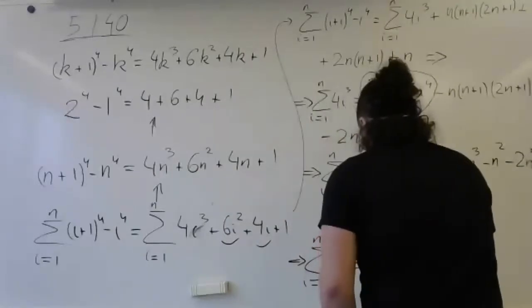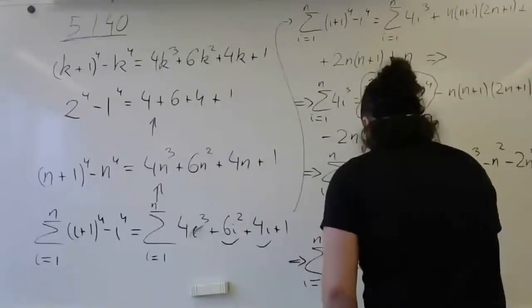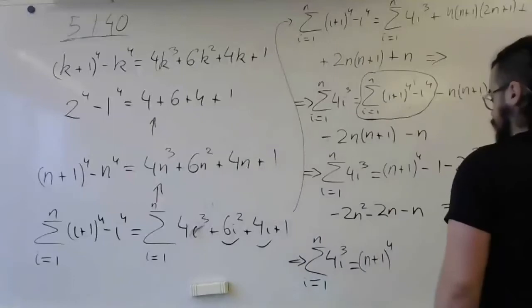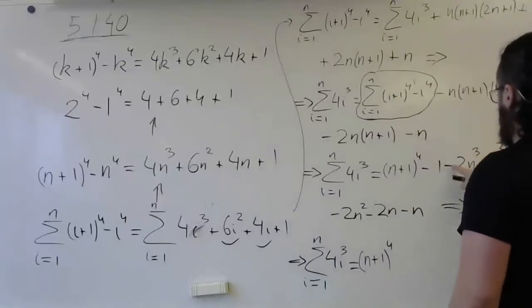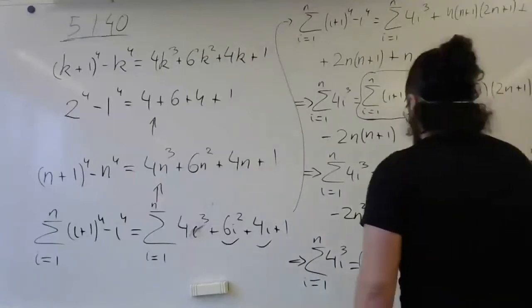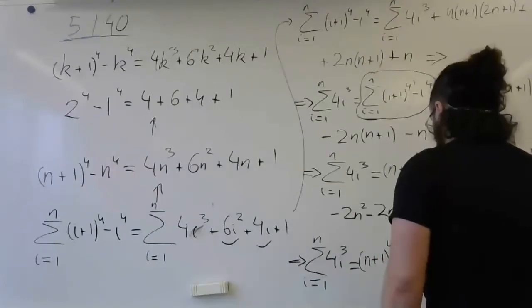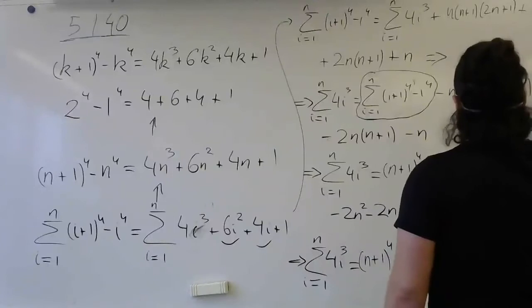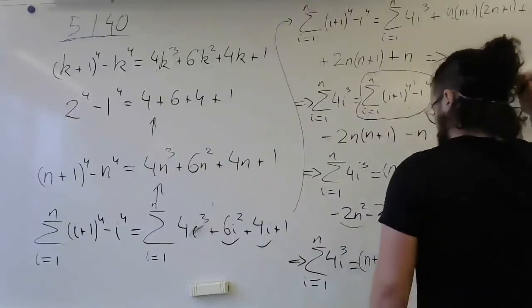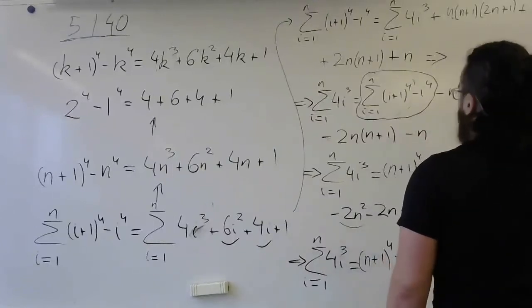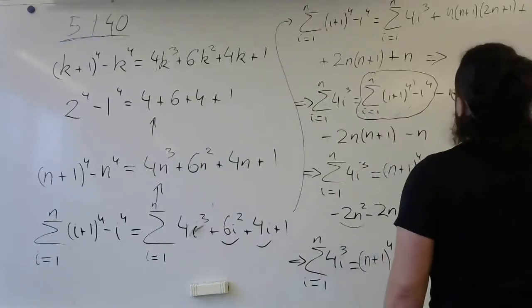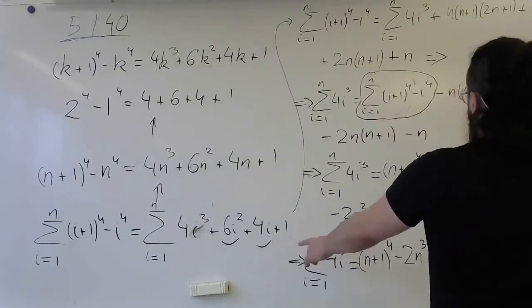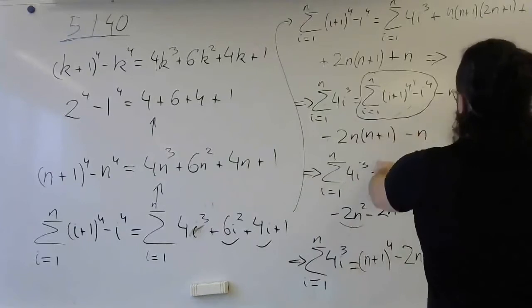Okay. So we start moving the terms here, 2n cubed. I don't like this 5 for some reason. For the 2.